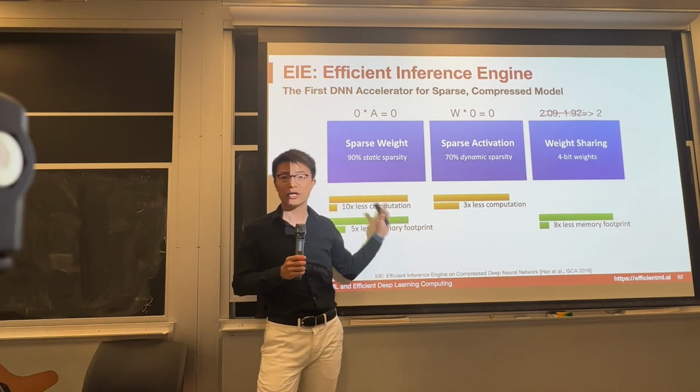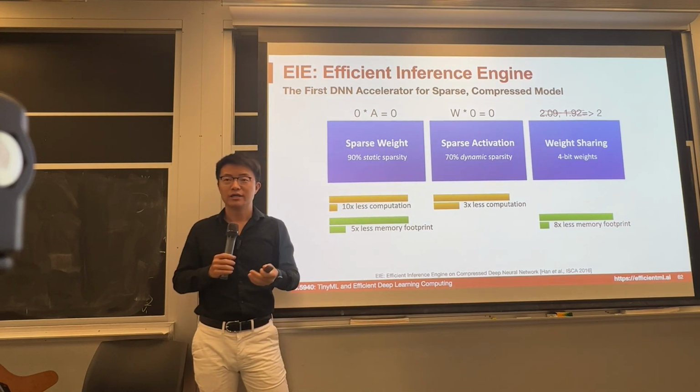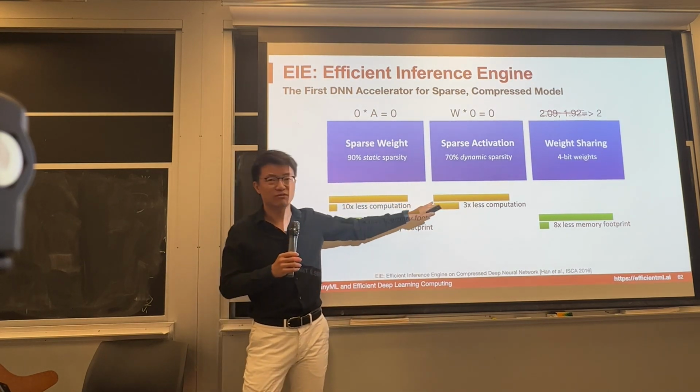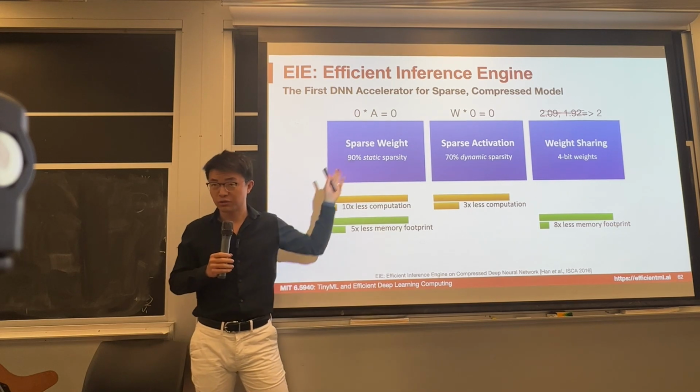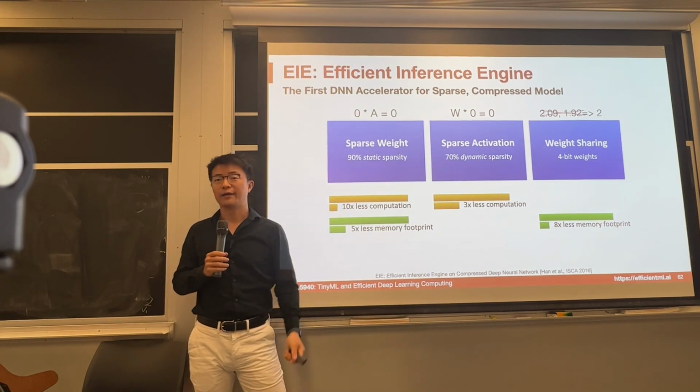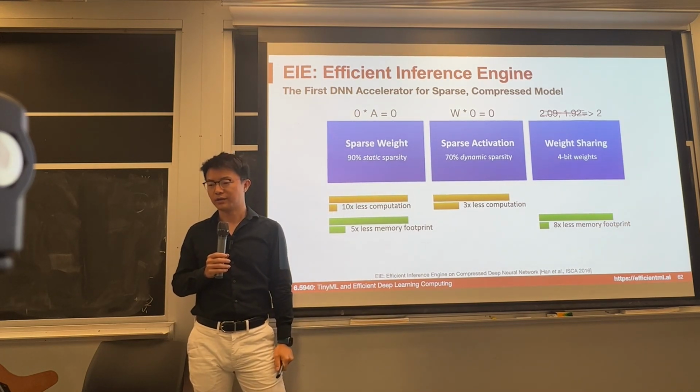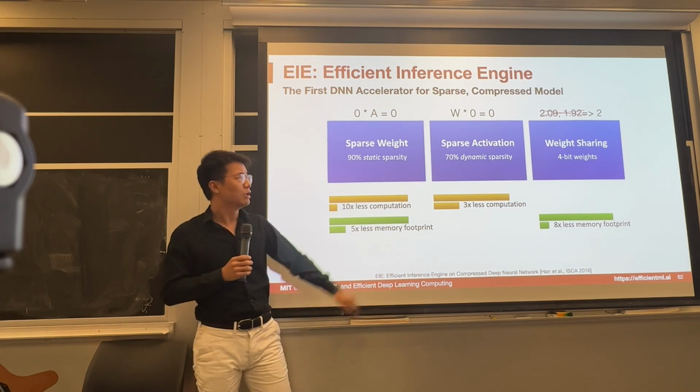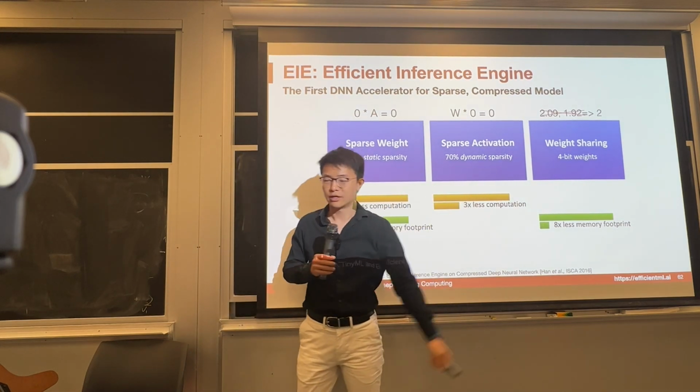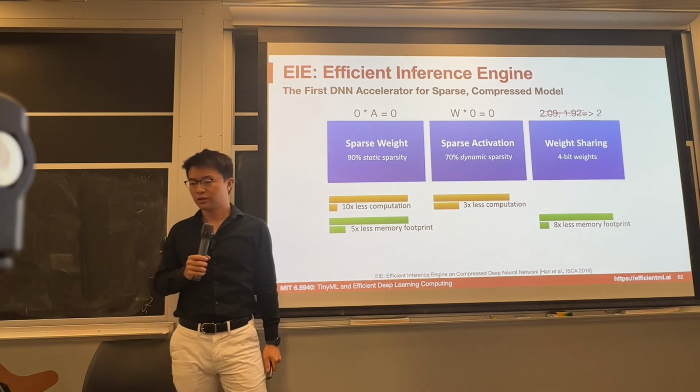So these are the three principles we can apply. Even though this is from 2015, even 8 years later, these are still principles that we can apply to modern neural networks. Even for large language models, pruning and quantization are still very popular approaches to accelerate them.